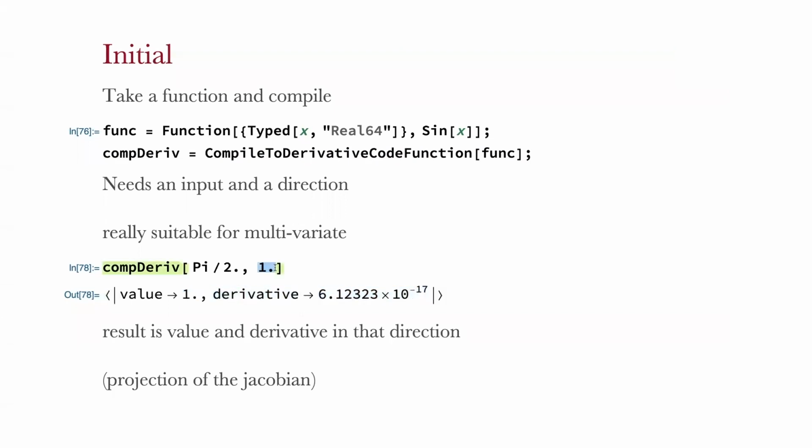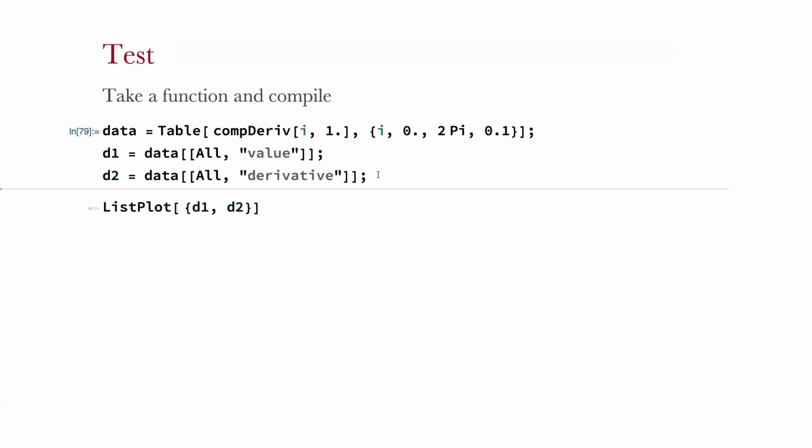It's a projection of the Jacobian. It's really more suited to very large multivariate systems where you've got thousands of input variables rather than just one. But I did this just with one, because it's slightly easier to see what's happening.